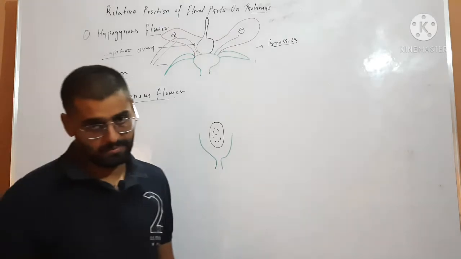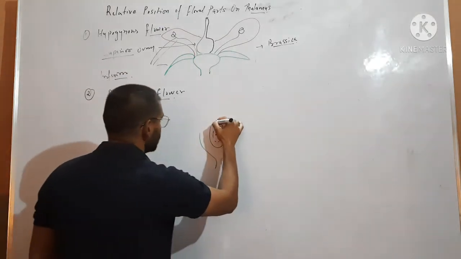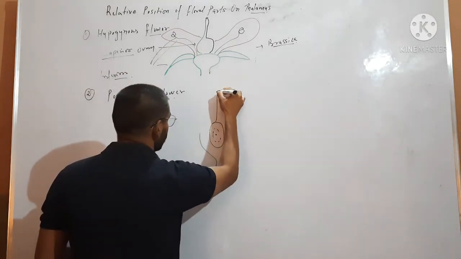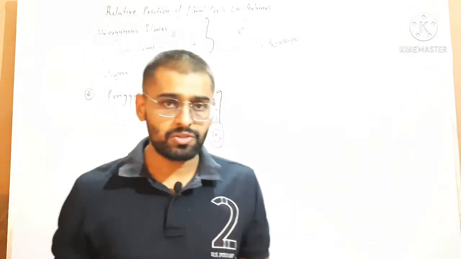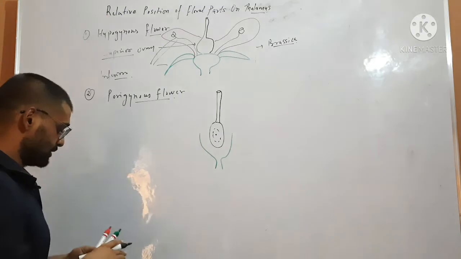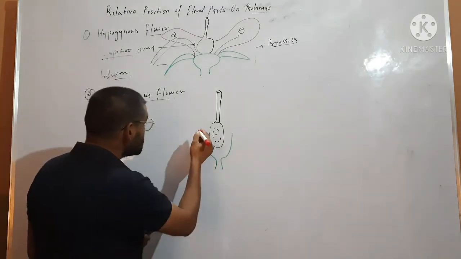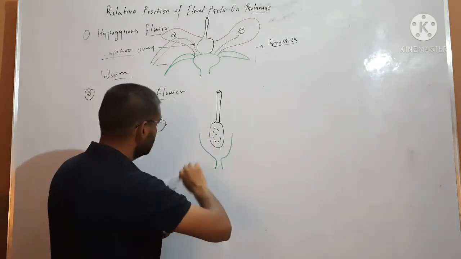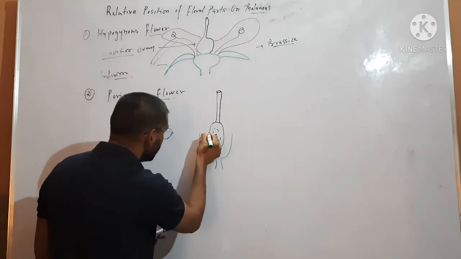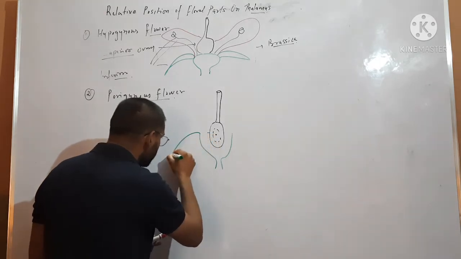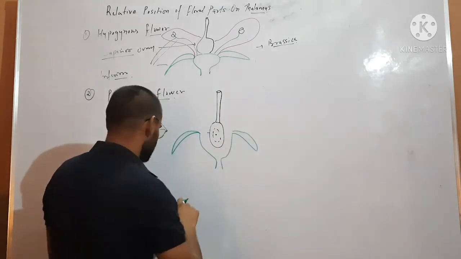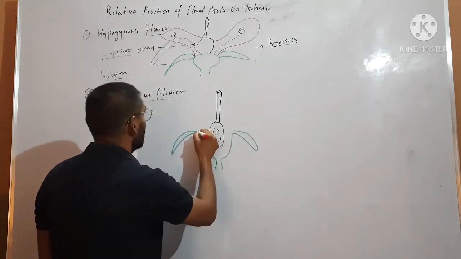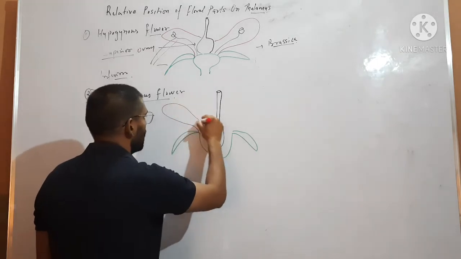All the parts except the ovary, that is calyx, corolla and androecium, are inserted around the middle of the ovary.